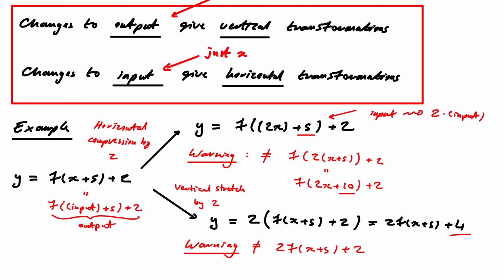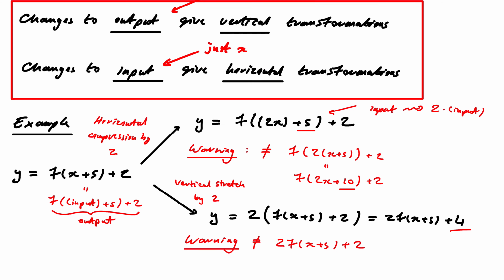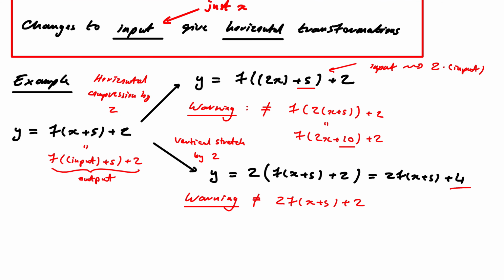You've got the 2 and the 4 out. And the mistake that's being made here is the following. This is not the output. Not the output. The output is the entire thing. This is the output.